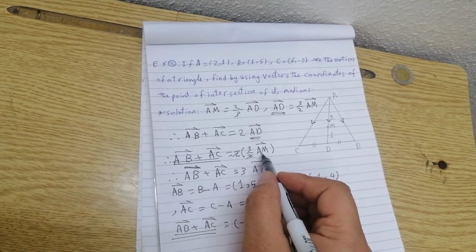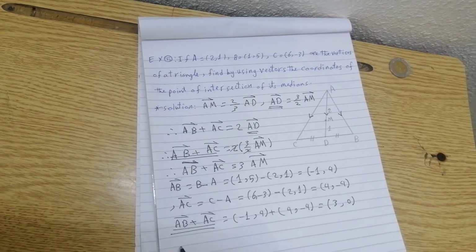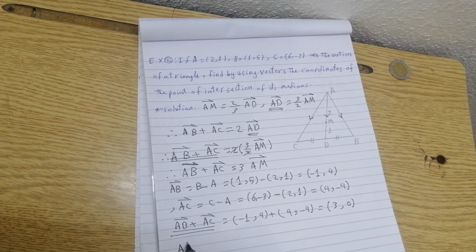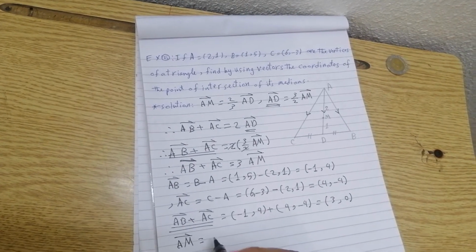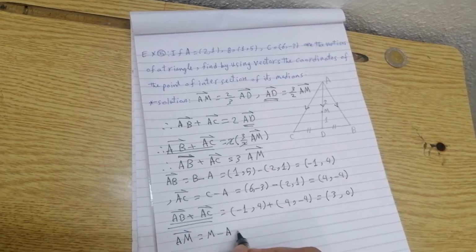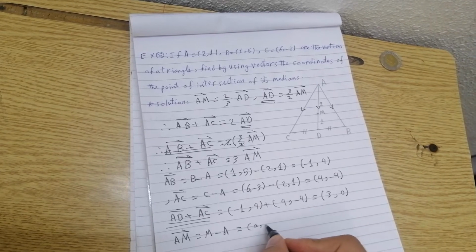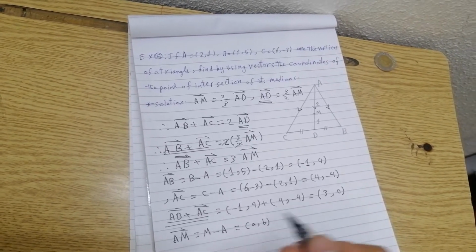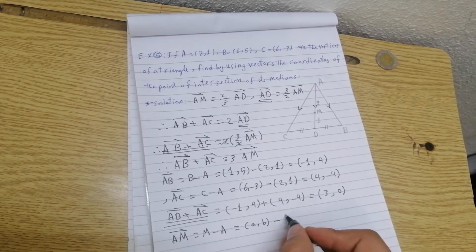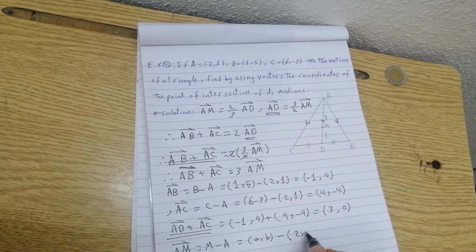And also we have here 3 AM vector. So we have AM vector that equals M minus A. That means unknowns a and b, for example, for M, minus A, which is (2, 1).